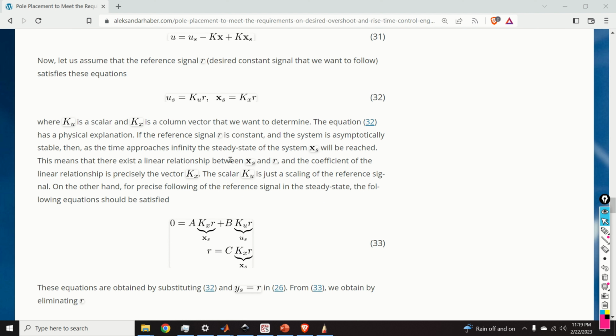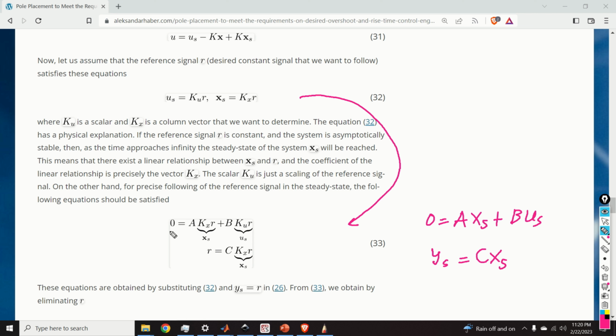Now, since r is a constant signal, we can substitute these two expressions in our transformed system. So what happens over here? Remember that the transformed system looks like this. Now, look what happens here. We want the output of the system to become r.